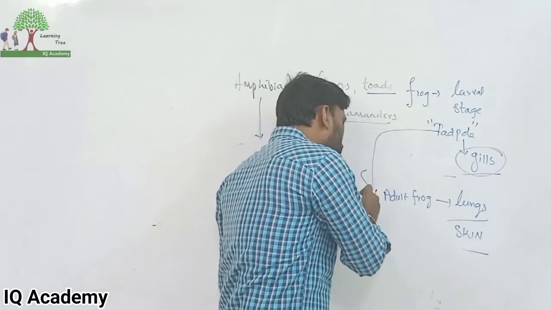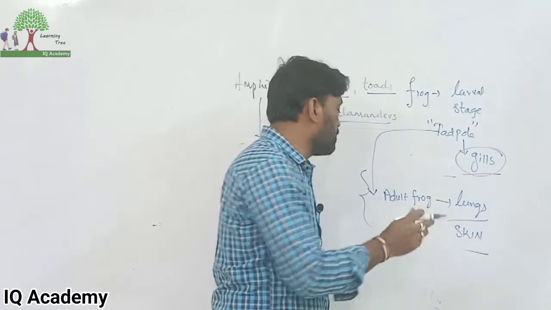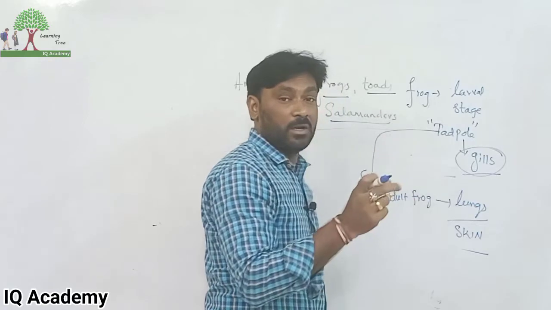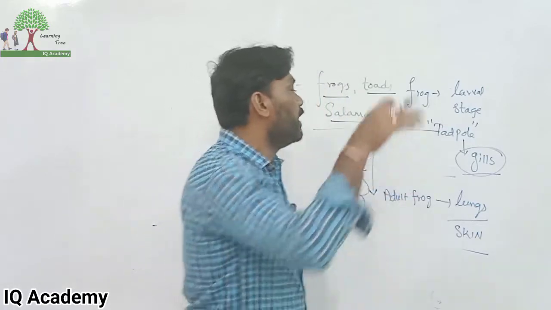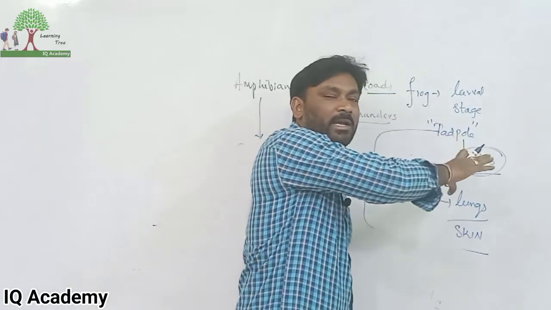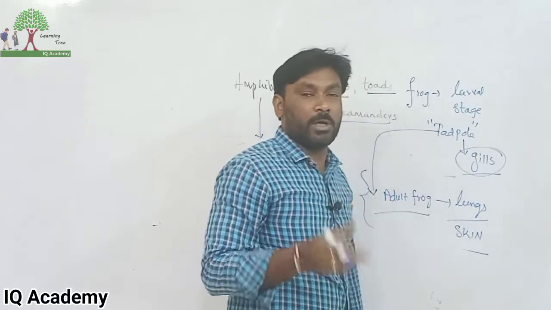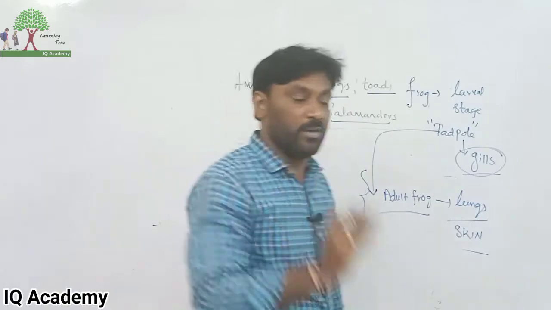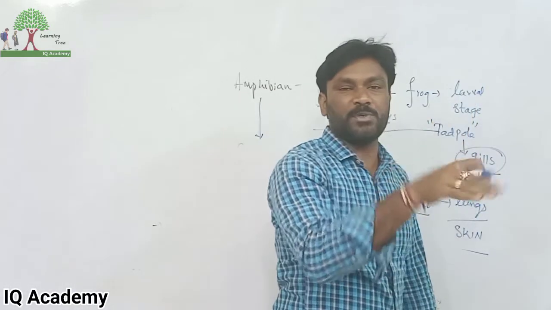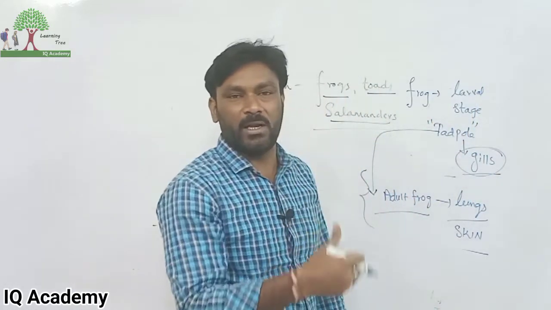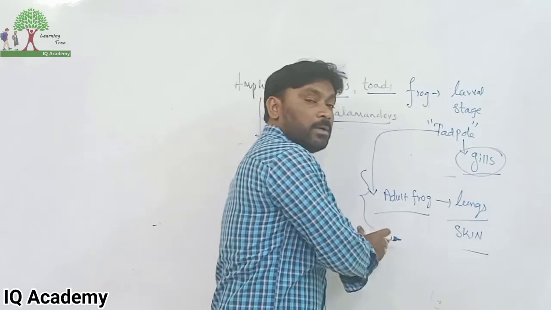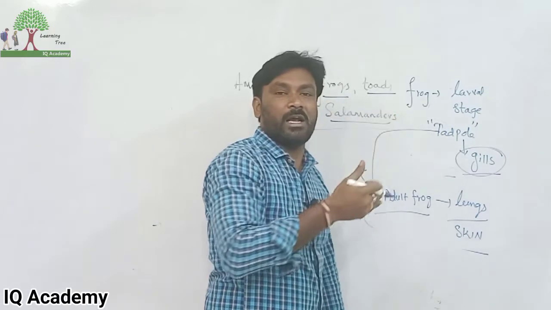Here we can see two types of respiratory organs present in the adult frog. And when it is in larval stage, it respires through gills only. We can see the frog frequently hops into water and comes outside. Why does it frequently hop into water?